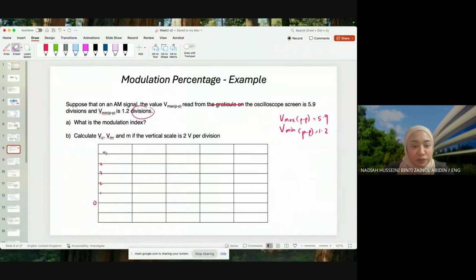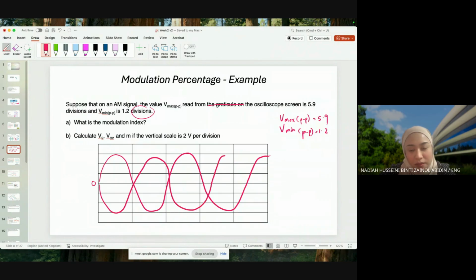I'm going to try my best. So this is not the way to draw it. 0, so 3 above, 3 down. Let's just try. Okay, good. I'm going to make this symmetrical, supposedly. It's so ugly. From here to here is 5.9 divisions. And then the Vmin, which I did wrong, is 1.2.